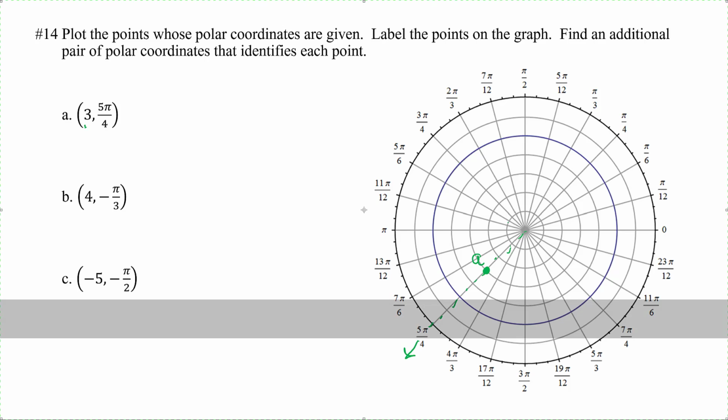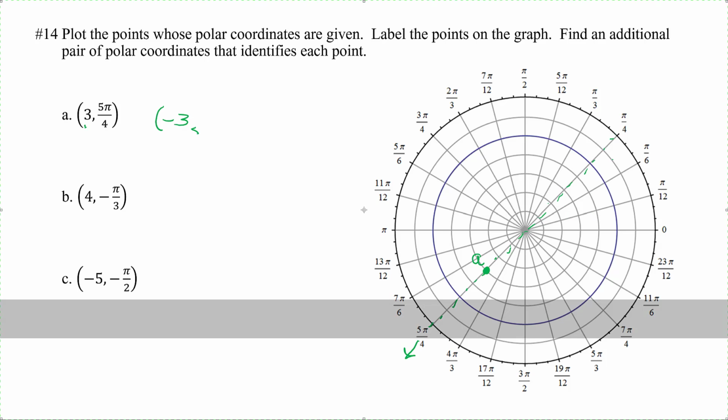The other thing we want to do here is we need to identify this point with another pair of polar coordinates. Well, that's easy enough. We can just let r be equal to negative 3. And if r equals negative 3, that means that if I went along the same line, instead of going positive 3, I'd be going negative 3.